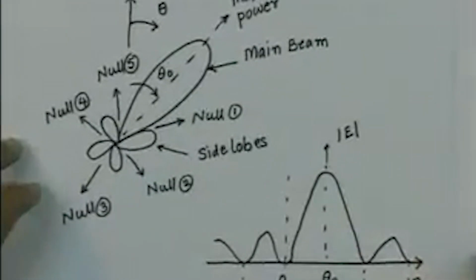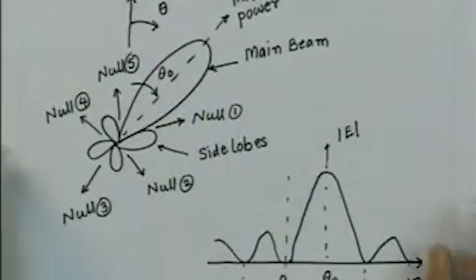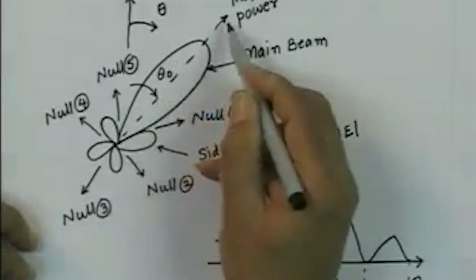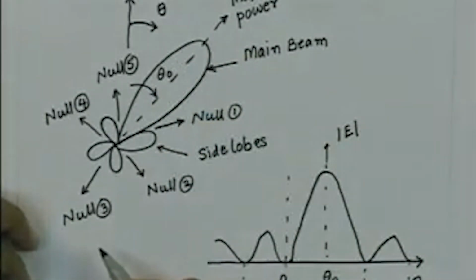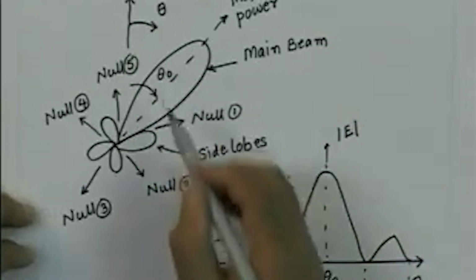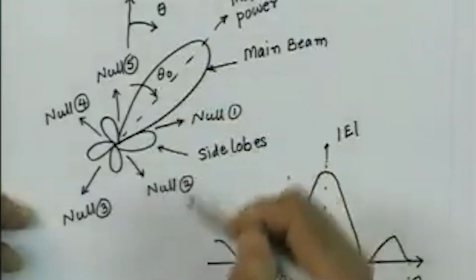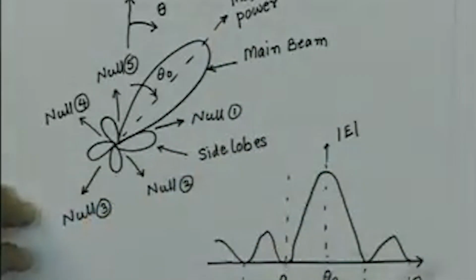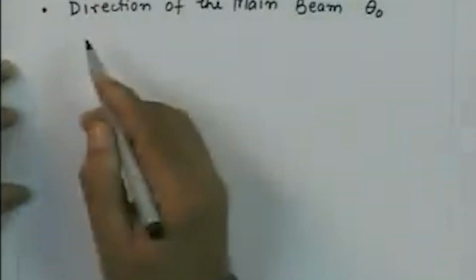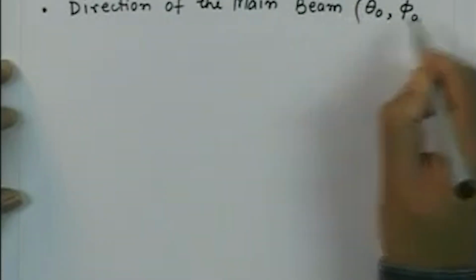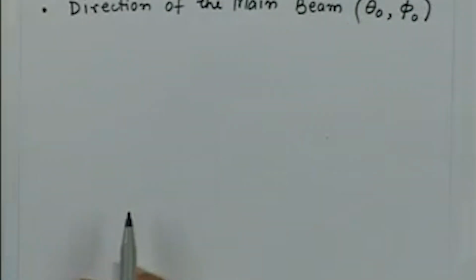Normally when we compare radiation patterns, we define a certain reference direction, and with respect to it we give the direction of maximum radiation. Here I have written theta naught, but in general in three dimensions this will be theta naught, phi naught, because the beam can also be inclined in the phi plane. So in general, the direction of the main beam is given by theta naught, phi naught in angular coordinates.